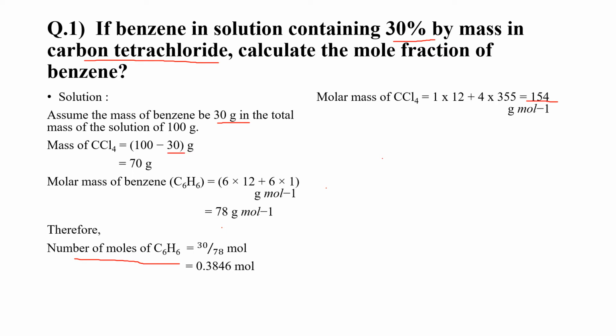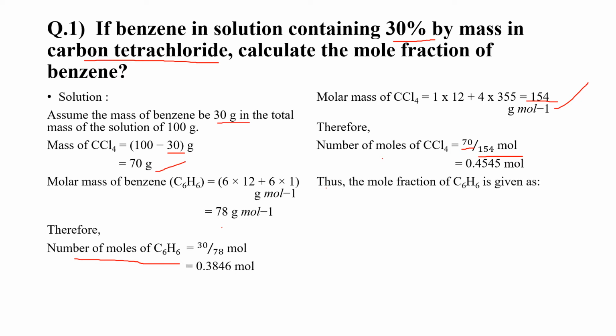Now from molar mass we can easily calculate number of moles of carbon tetrachloride, according to the same formula, number of moles equals given mass divided by molar mass. So given mass of carbon tetrachloride is 70 gram and total molar mass is 154. Now number of moles of carbon tetrachloride will be 0.45 moles.